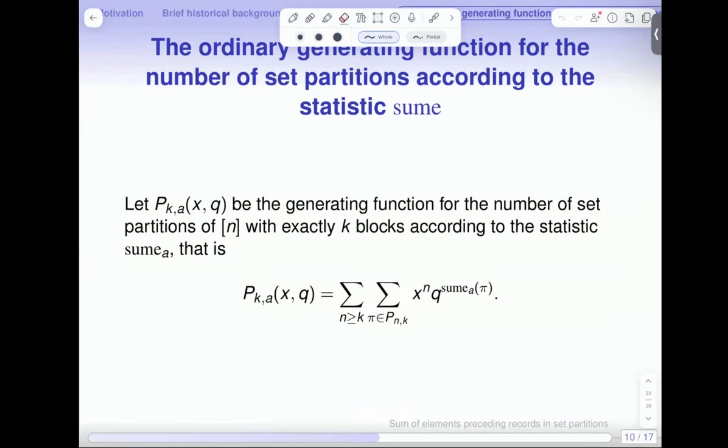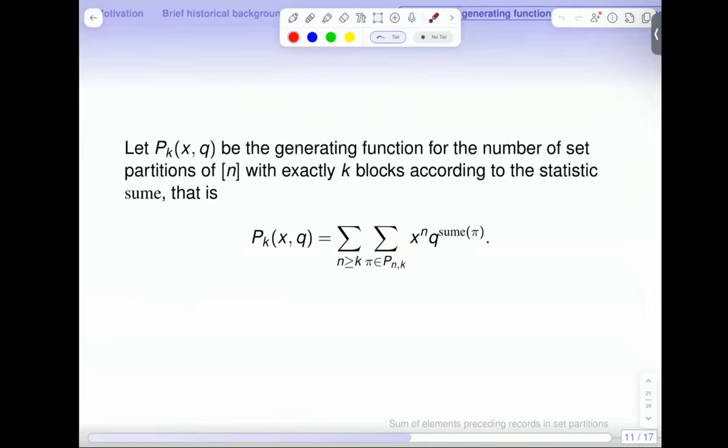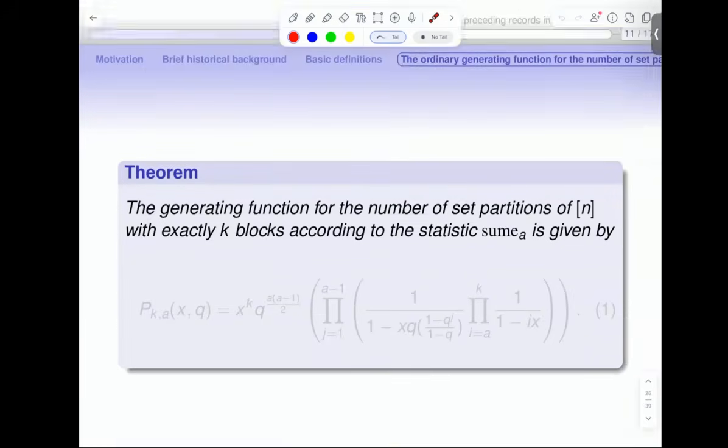Before, we need the formula for p_{k,A}(x,q), which is the generating function for the number of set partitions of n with exactly k blocks according to the statistic sum A. And p_k(x,q) is the generating function for the number of set partitions of the set n with exactly k blocks according to the statistic sum. So the variable q counts the sum pi.